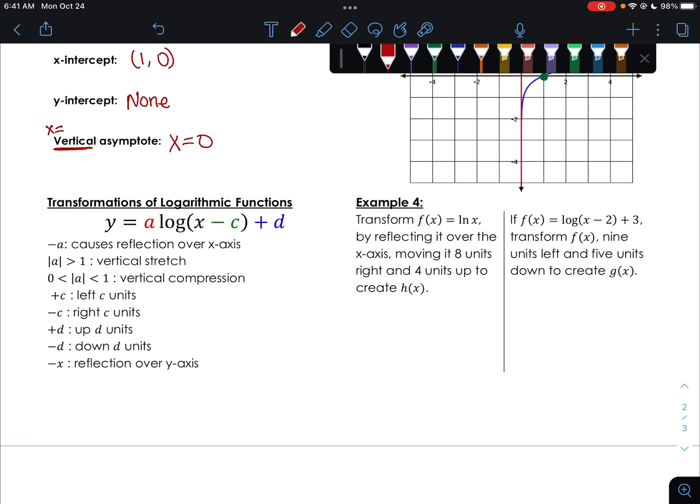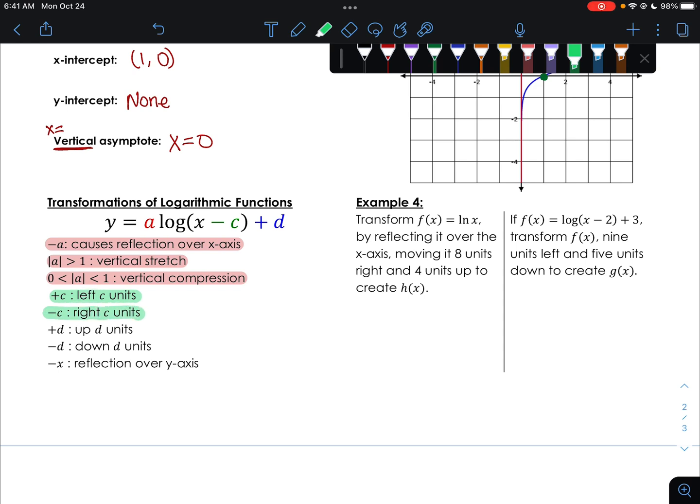Transformations are the exact same as every function we've talked about so far this year. So we have A, C, and D, where if A is negative, it causes a reflection over the x-axis. The absolute value of A, if it's greater than 1, it's a vertical stretch. If the absolute value of A is between 0 and 1, it's a vertical compression. If it's plus C, it goes to the left C units.